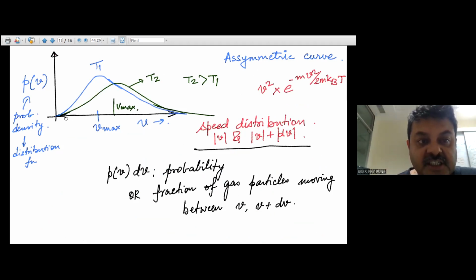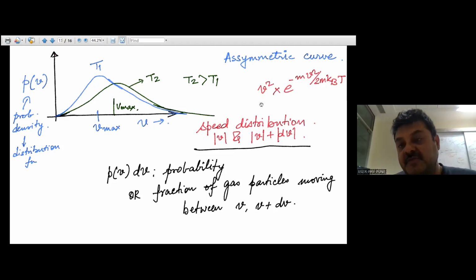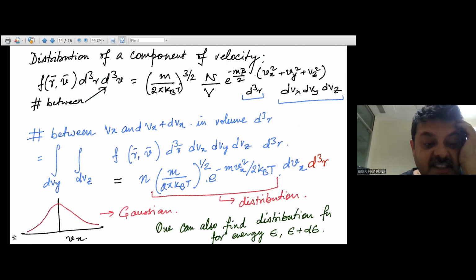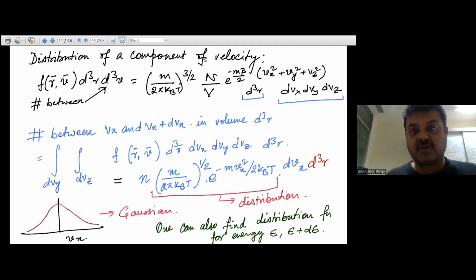So that function runs from 0 to infinity. It was a non-symmetric function, v square into e to the power minus mv square by 2 kBT, whereas this runs from minus infinity to plus infinity. It's a Gaussian function. The distribution function is this quantity for a particular component of velocity. I'm going to leave it at this. You work out the steps, but I'm focused on the physical meaning. We shall continue from the next class.